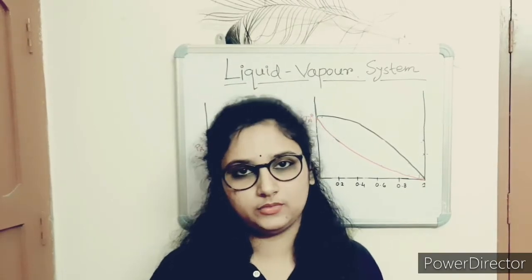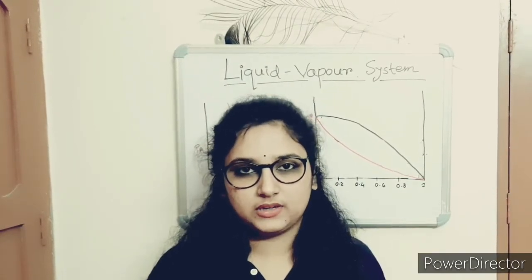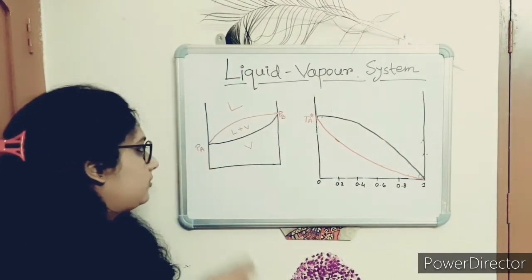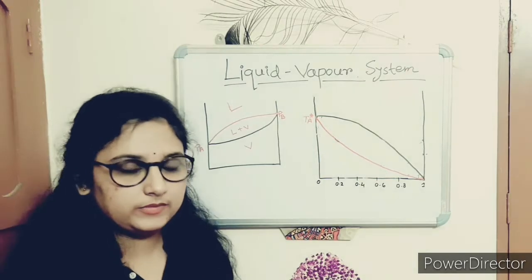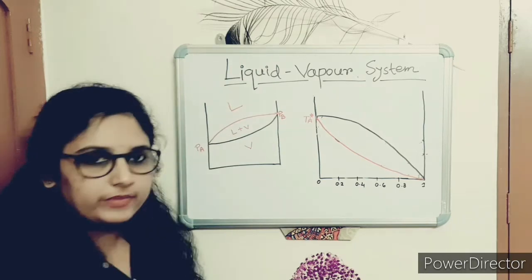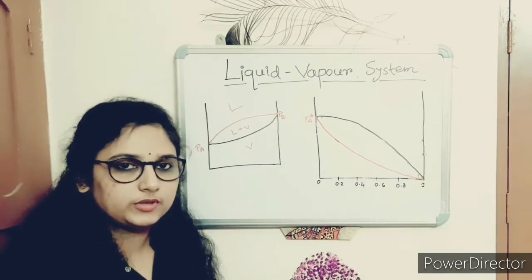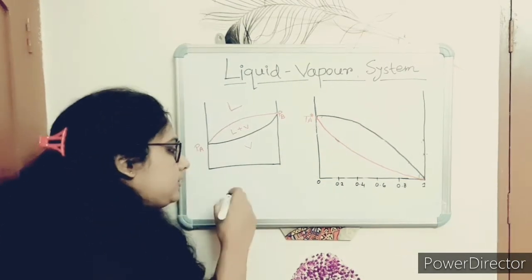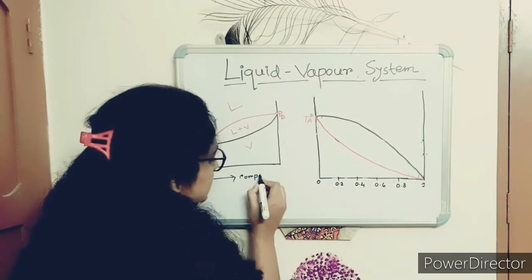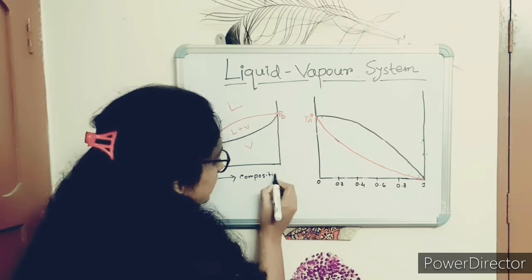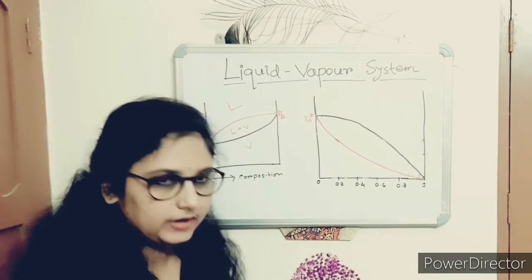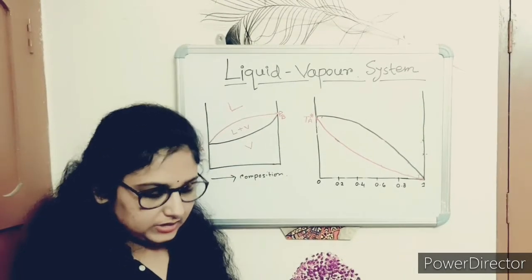If you remember my previous explanation, then you can understand the liquid vapor phase diagram. This is the liquid vapor phase diagram, and the y-axis is the pressure axis when temperature is kept constant in the system, and the x-axis is the composition axis. To know the details about the phase diagram, you have to follow my previous video. I will keep the link in the description box.